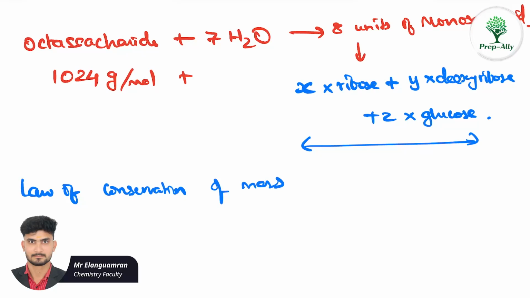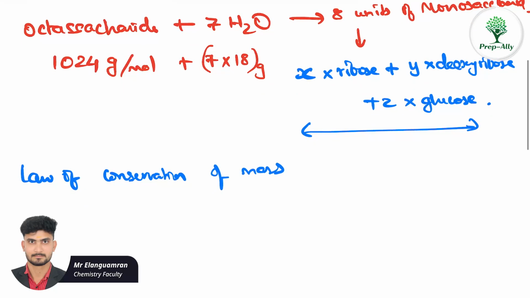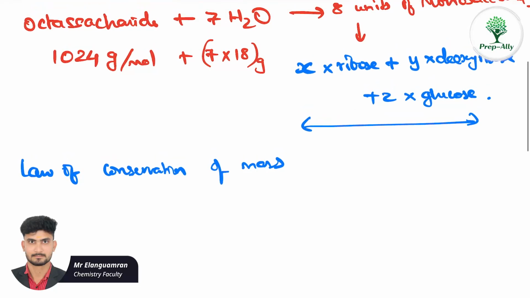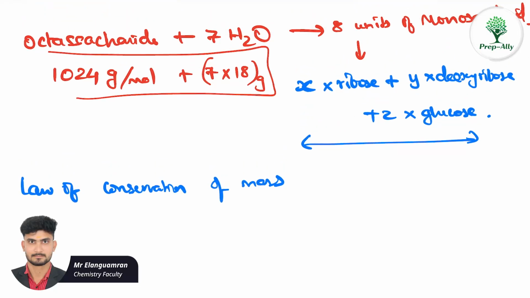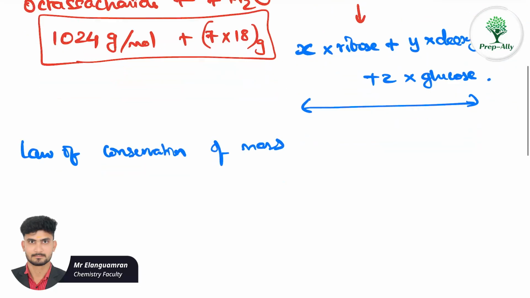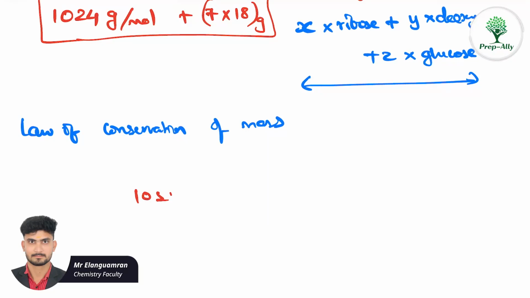I'm going to use 7 moles of water, which is going to weigh 7 into 18 grams. So if these are reacting, it should be equal to the weight of products formed, right?